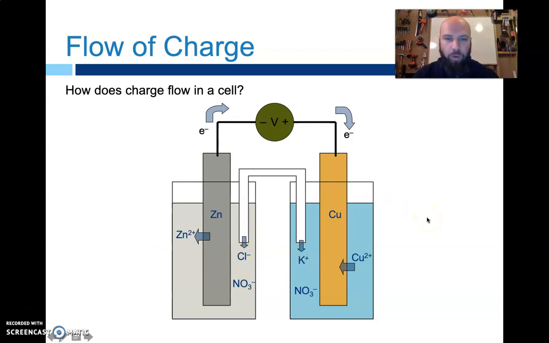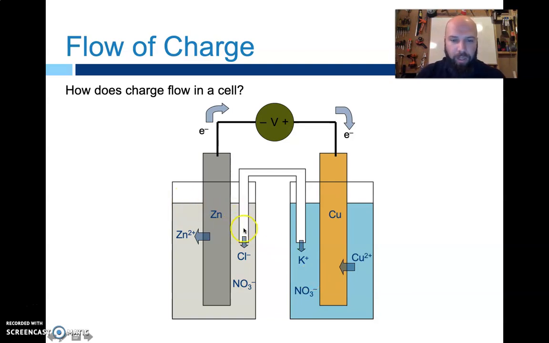So I'm going to go through one more time. Let's start in this copper solution here. The copper ions become solid, giving a deficit of positive charge to this solution, and the potassium from the salt bridge goes into that solution so that it can be neutral.